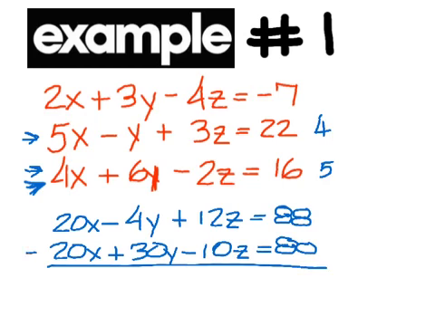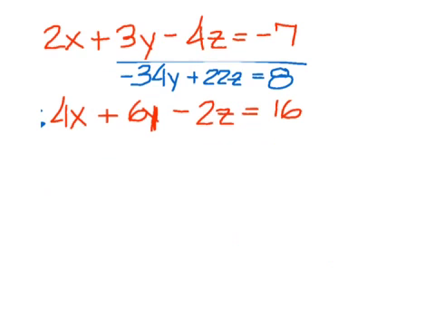And then you have to subtract because the 20s are both positive. So these cancel out. And you're left with a negative 4 minus 30, which is negative 34. And then 12 minus a negative 10 is 22. And 88 minus 80 is 8.